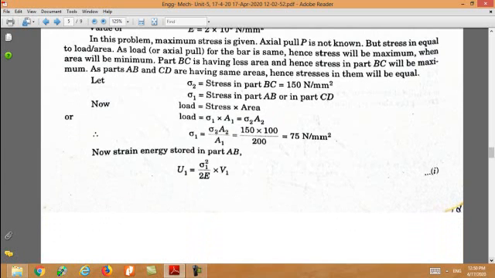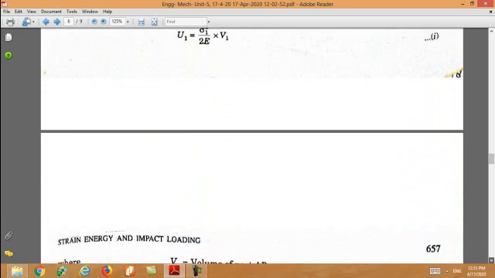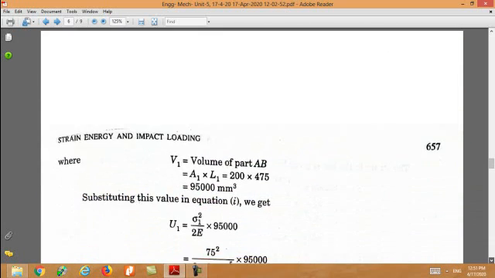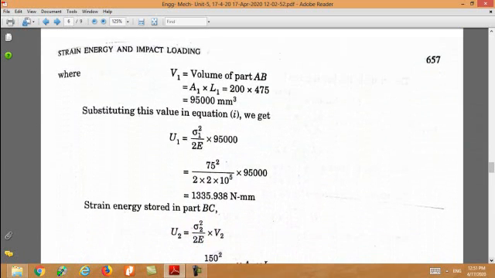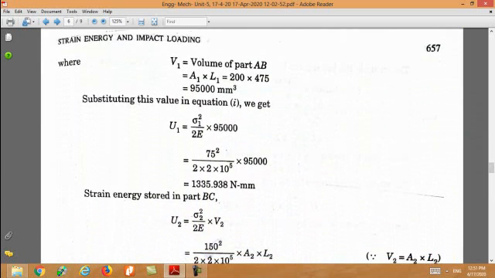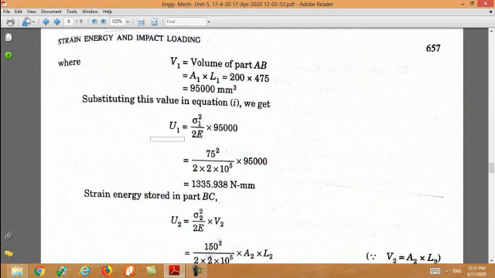Now strain energy stored in the first part is sigma 1 square upon 2E into V1, use the formula. So V1 you can calculate and substitute these values in this general equation. So you can obtain the strain energy stored in the first section.